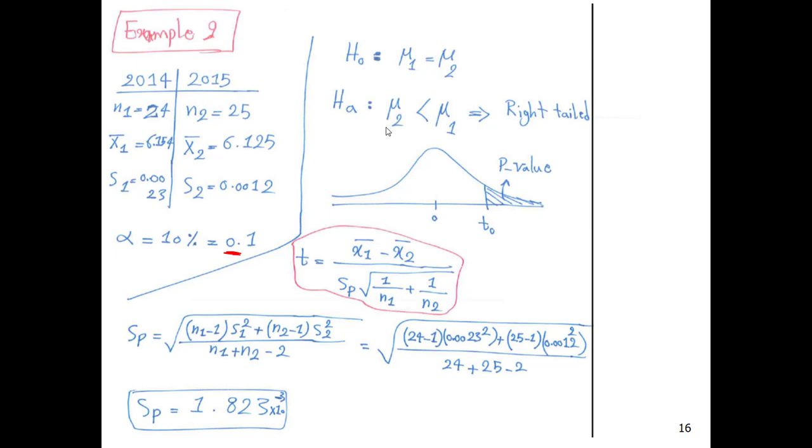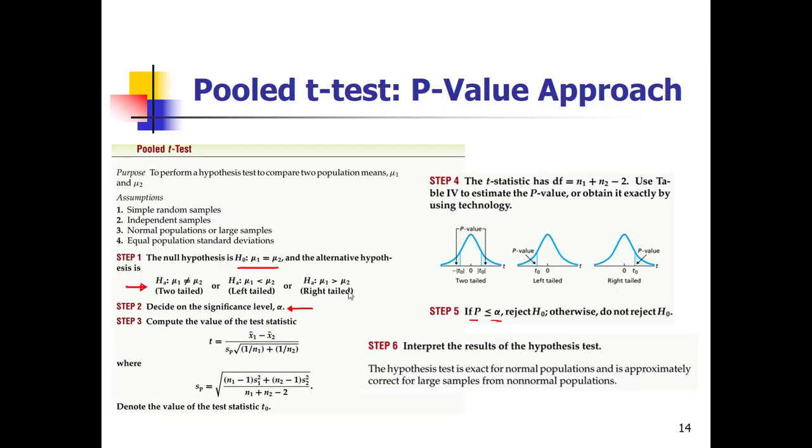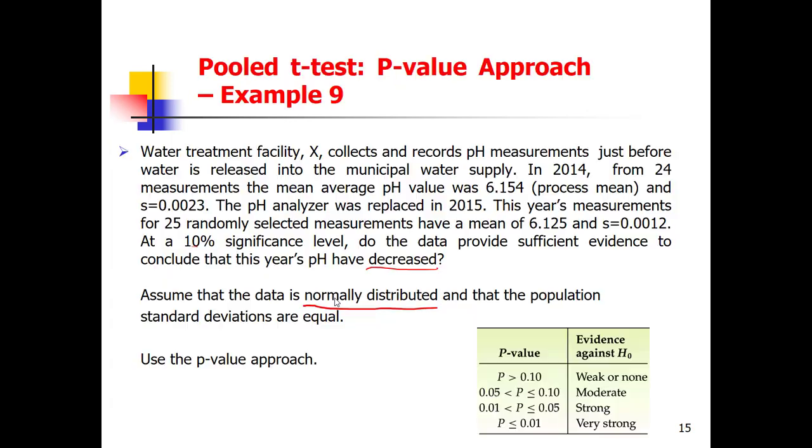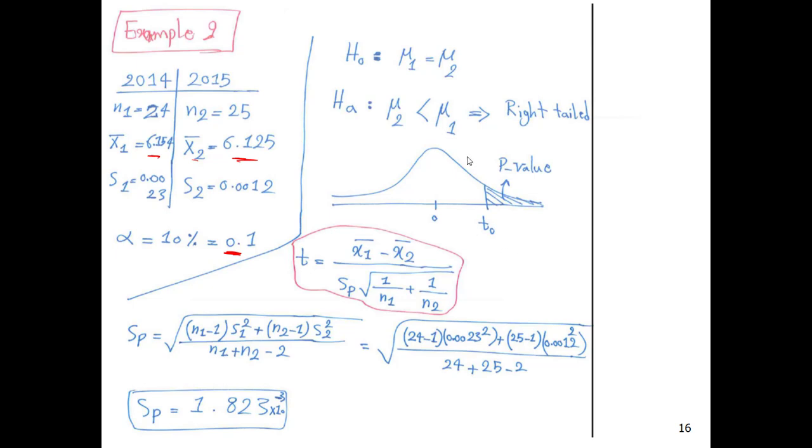But the alternative hypothesis is that the new year's mean is less than the previous year's. It has decreased. So if you look at the previous slide, when the new mean is smaller than the previous mean, it's a right tail. So we have a right tail here.